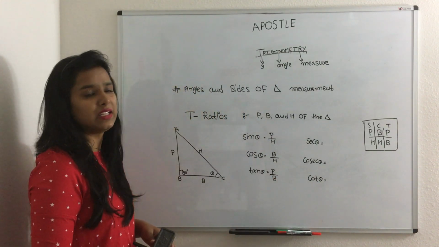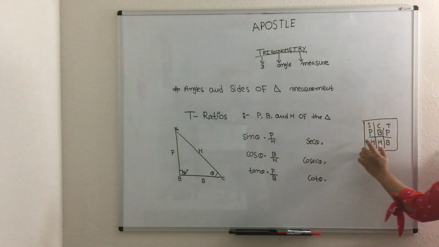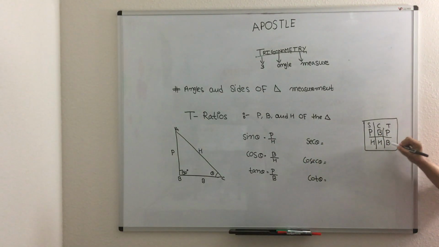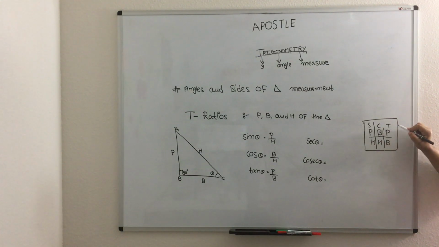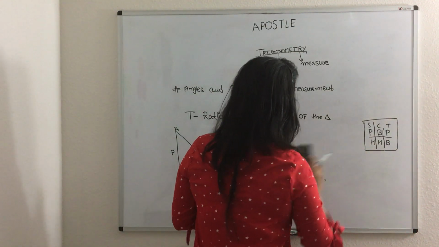Now is this concept clear or not? First of all we have to learn Pandit Badri Prasad Har Har Bole Sona Chandi Tole. So the first two words give sine, that is P by H, cos, that is B by H, and tan theta is P by B. Clear? Now we have to deal with cosec, sec and cot.